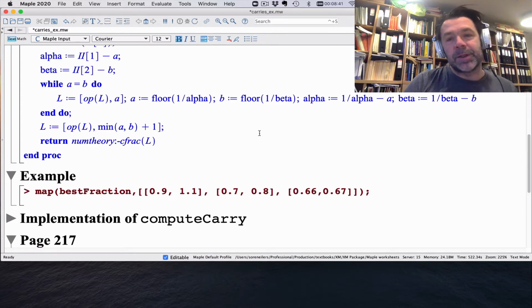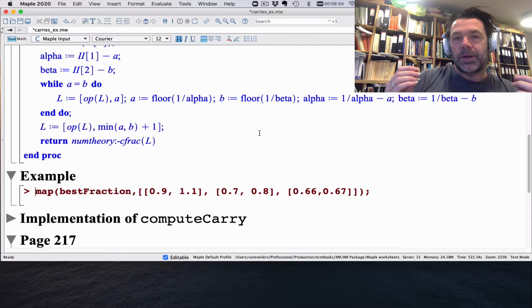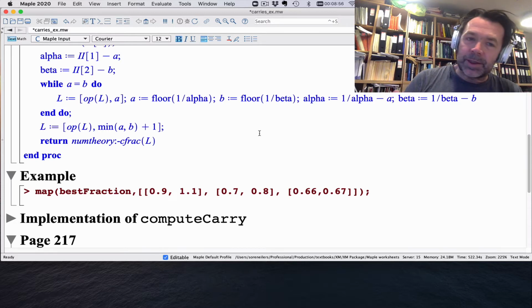So this is implemented by essentially taking the endpoints of the intervals, doing the Euclidean algorithm, so we compute the continued fraction, and then we stop when they differ. And at the point where they differ, you can compute the smallest fraction living inside the given interval.